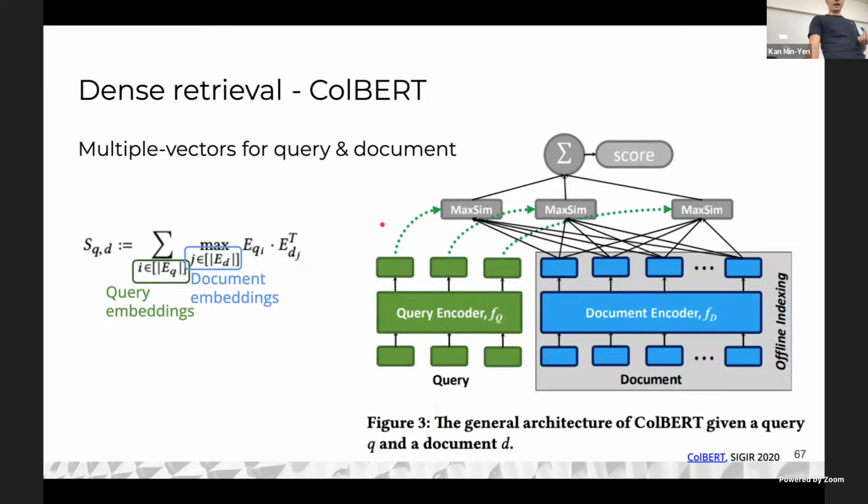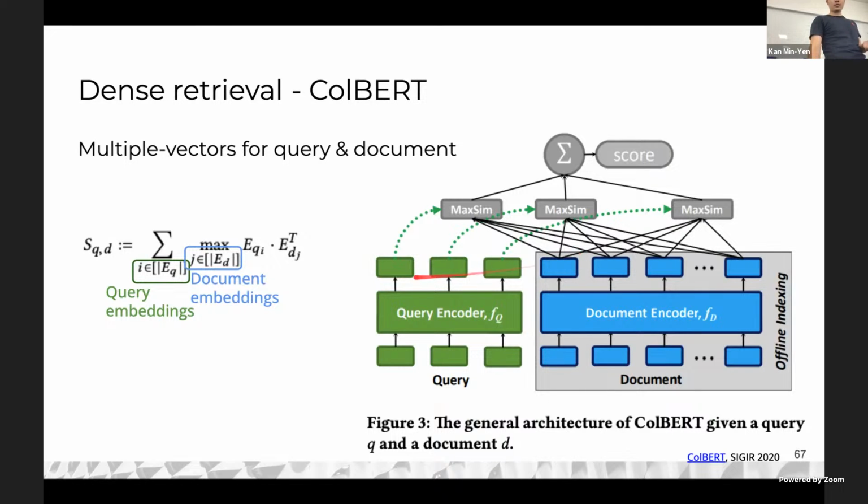So remember that we have a question encoder and document encoder, right? And when we pass this through the BERT, it actually gives us an embedding or a representation of each token for the query and for the document.